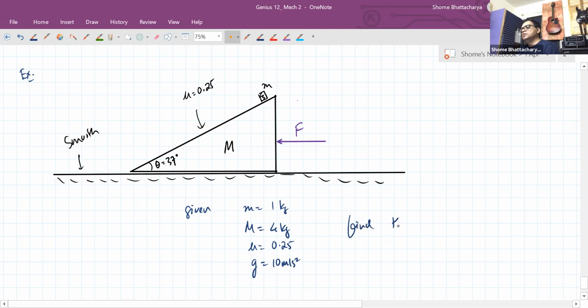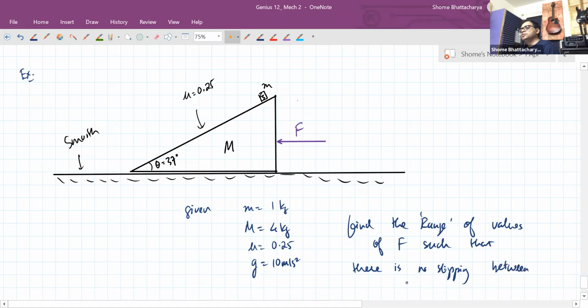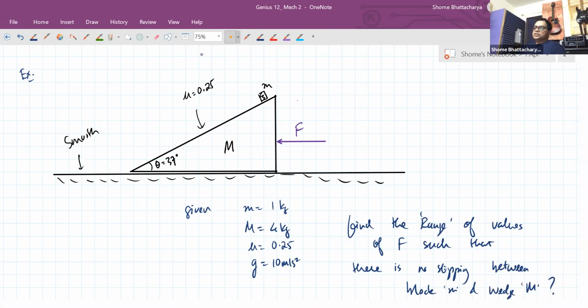Find the range of values of F such that there is no slipping between the block and wedge. Okay, just work this out quickly.